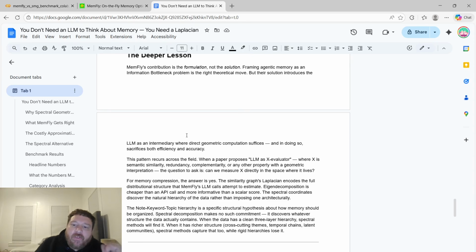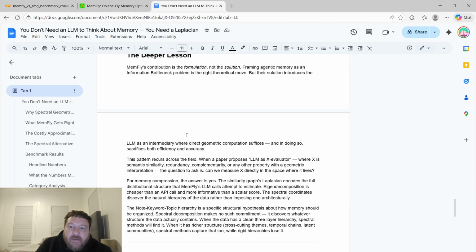When a paper proposes LLM as X evaluator, where X is a semantic similarity, redundancy, or complementarity, or any other property with a geometric interpretation, the question to ask is, can we measure X directly in the space where it lives? For memory compression, the answer is yes.